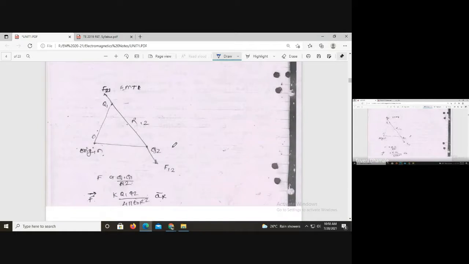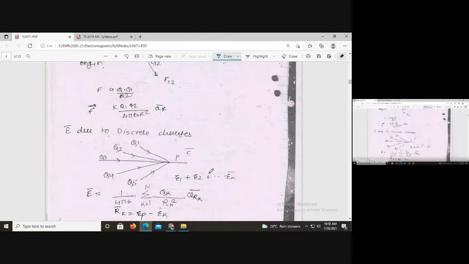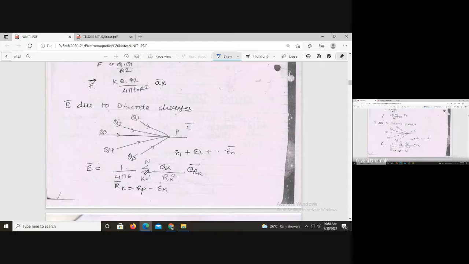Now in case of discrete charges, discrete meaning a number of charges are there, the total E bar is equal to the electric field strength due to Q1, Q2, Q3, Q4 up to n number of charges, the same as the superposition theorem. So 1 upon 4 pi epsilon summation k from 1 to n.